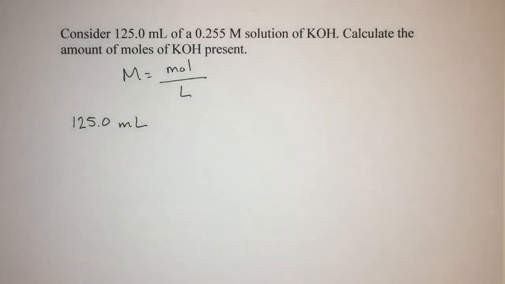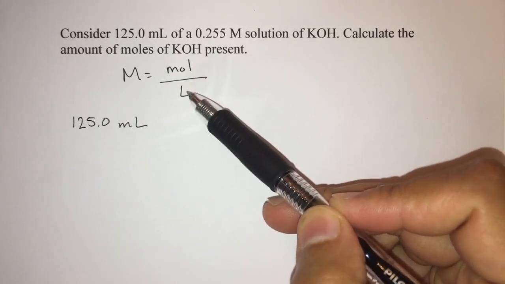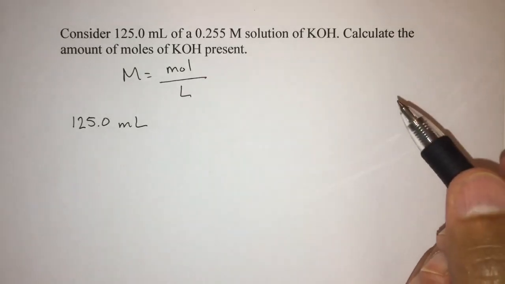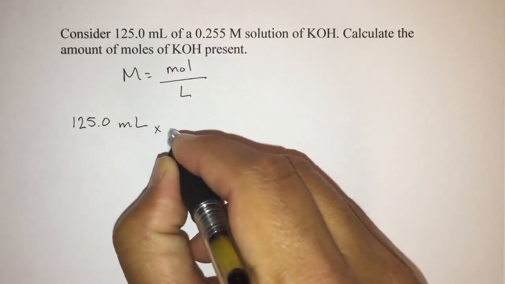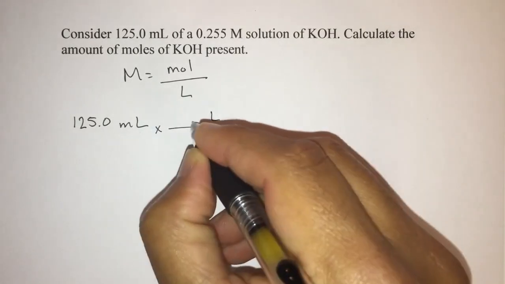We have 125 milliliters of solution. We're going to have to use this ratio, the mole to liter ratio, the molarity, to convert the volume to the number of moles. In order to use that, of course, we'll have to convert that milliliter unit to liters first.